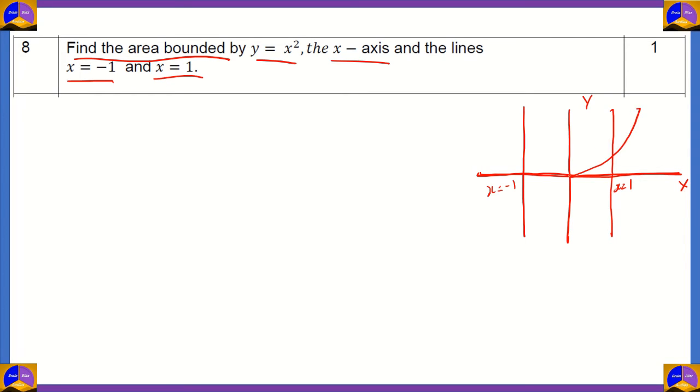So this point is -1, 1, and this point here is 1, 1, because the square of -1 is 1 and the square of 1 is also 1. So we have our points given and we have the origin 0, 0.